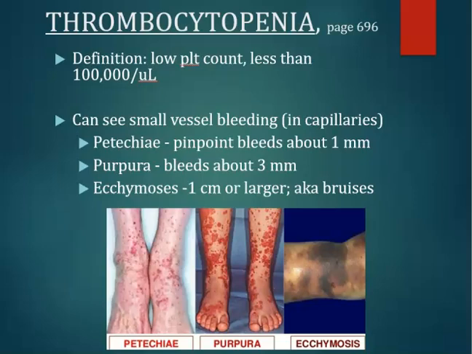Then there's purpura, which is bleeding in about 3 millimeter splotches. This is an example of purpura. And then there's ecchymosis, which is larger spots of bleeding, ranging from 1 centimeter to larger patches, or just what looks like bruising of the skin. You can see an example in the last image on the right.